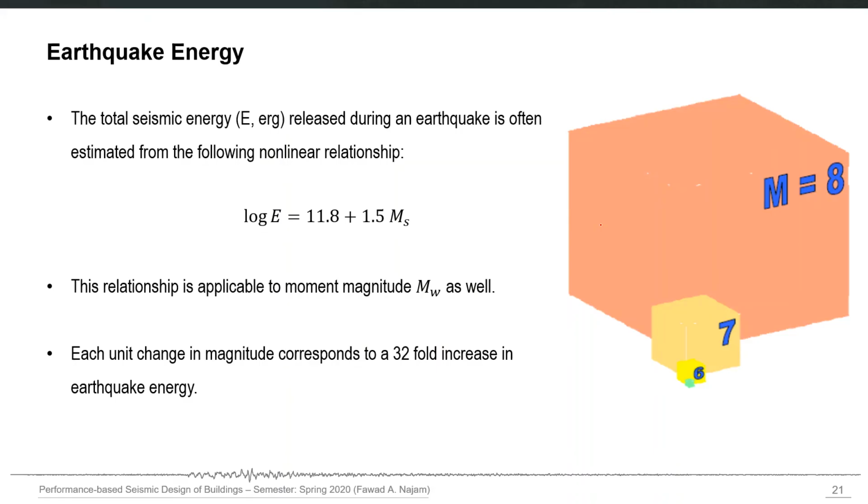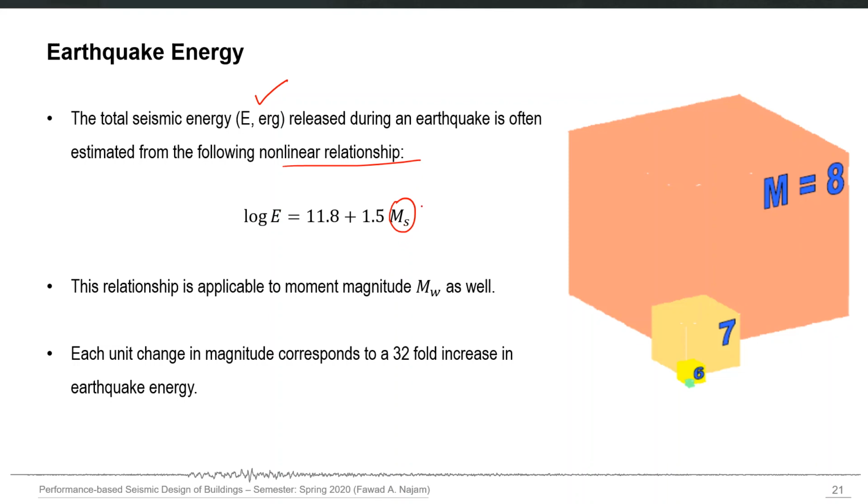Just to give you an idea about this, and then we will end this session here, the total seismic energy E released during an earthquake is often estimated by the following nonlinear relationship. This is for MS, but this is also true for MW. The log of the total seismic energy is a function of the magnitude.